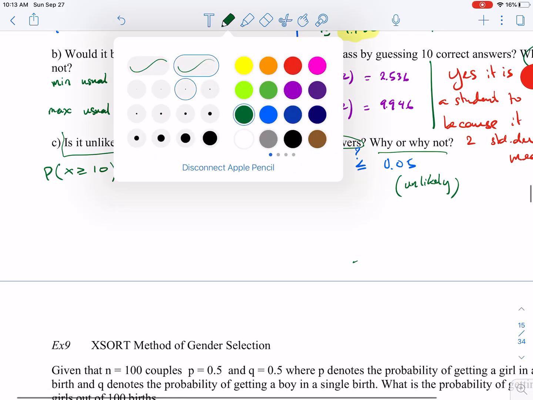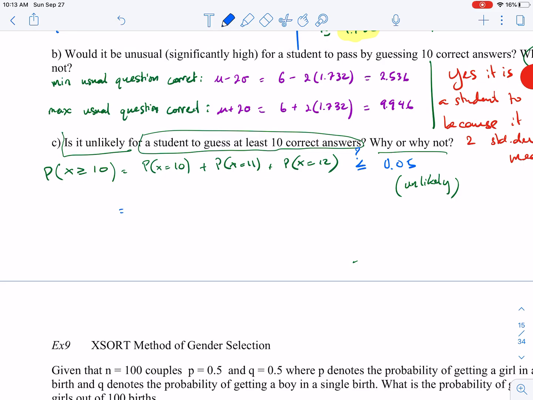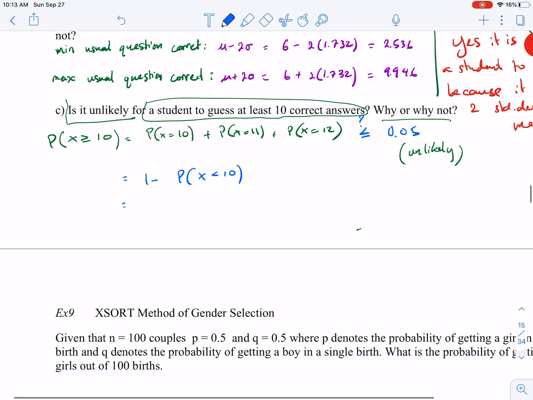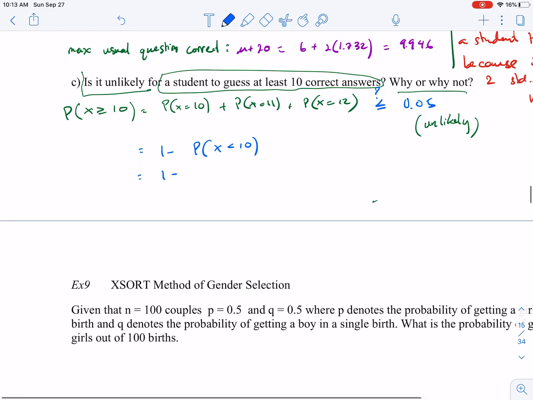Okay, so what we can do here is 1 minus the probability of x less than 10 using the complement rule, and that is 1 minus the probability of guessing 0 questions right, guessing 1 question right, all the way up to 9 questions right, because it's less than 10, right?